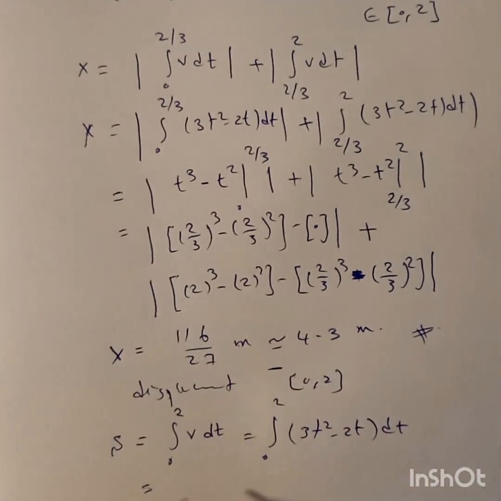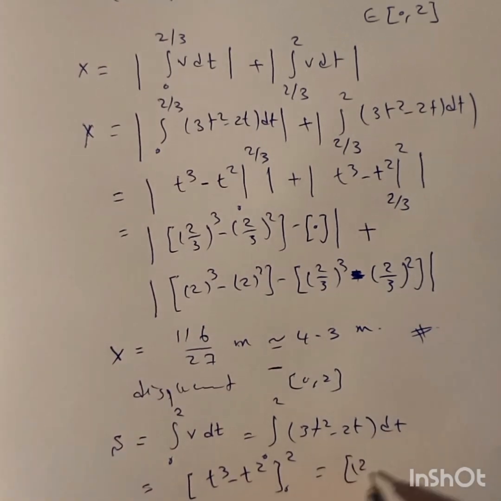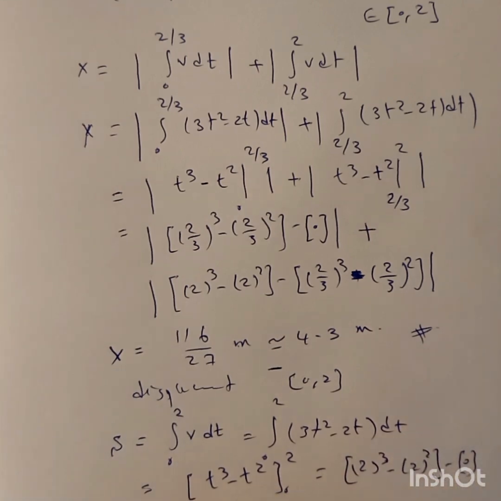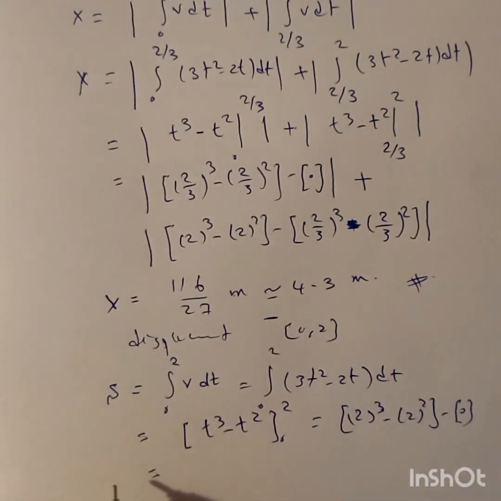Then we have here this definite integral t³ minus t² from 0 to 2. Then we have here 2³ minus 2² minus 0. By substitution here t equals 0, then we find 0. Here we can find displacement equals 4 meters.